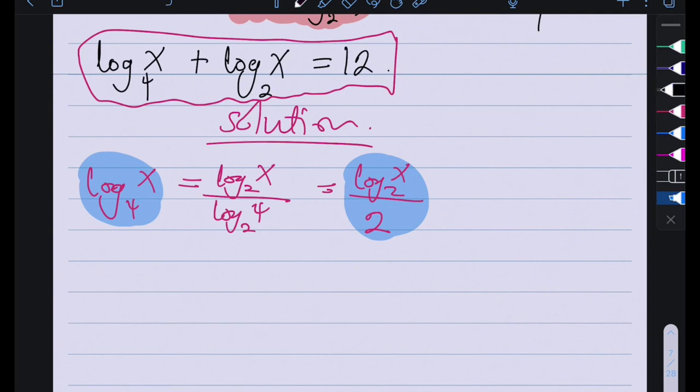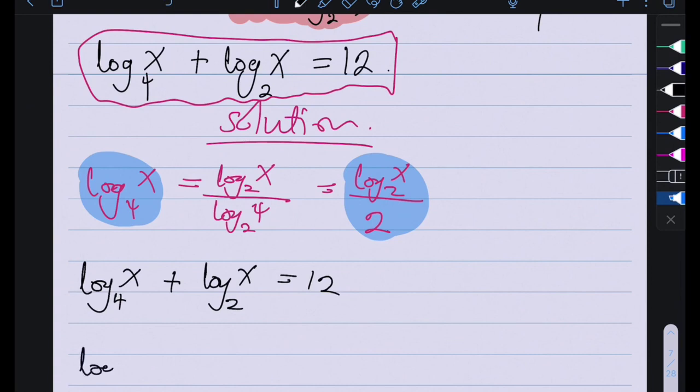Let me write it again. We have log x base 4 plus log x base 2 is equal to 12. Now check something out. This particular log x base 4 is what we worked here, and we got this from there. So let's just put it there.